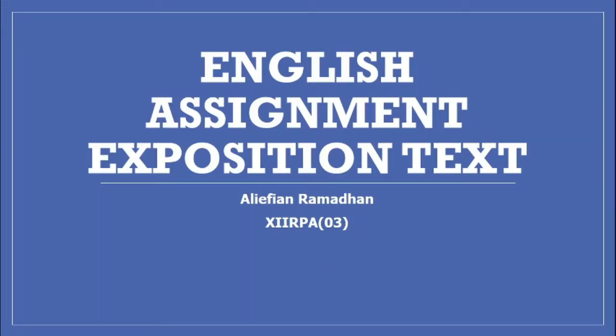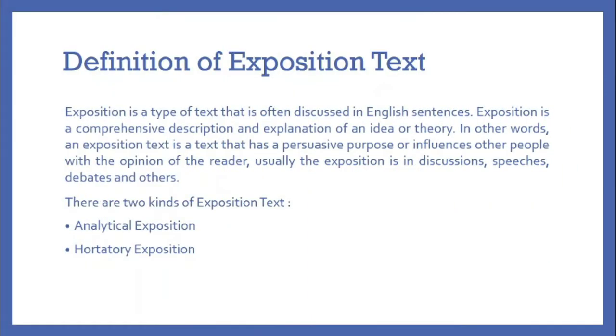Today I will explain to you what is exposition text. Let's check it out. First, the definition of exposition text. Exposition is a type of text that is often discussed in English sentences.